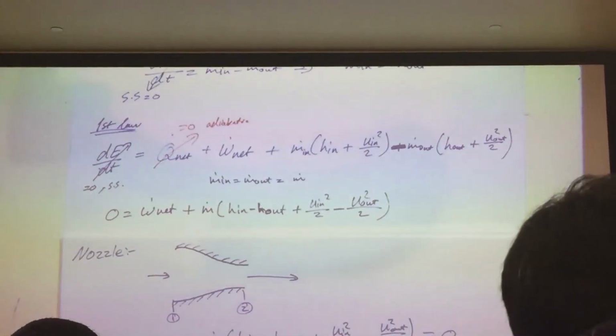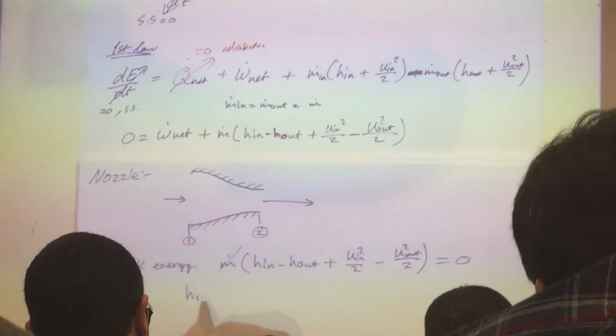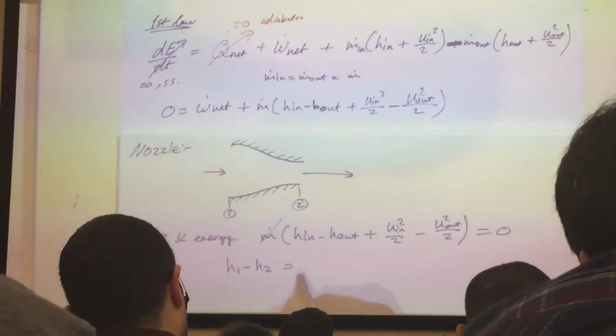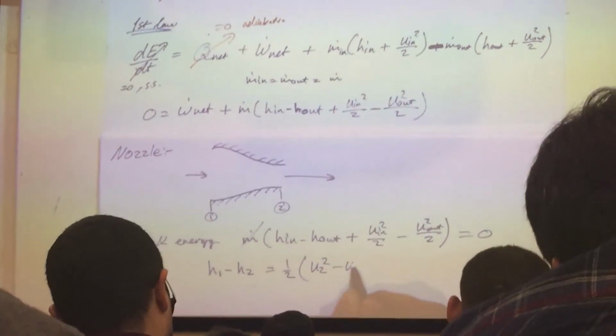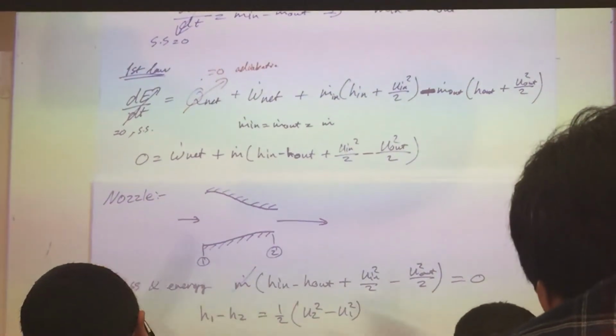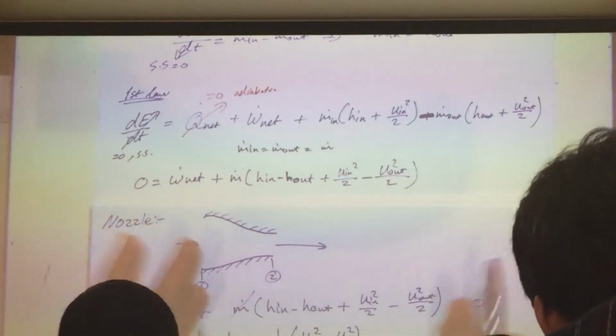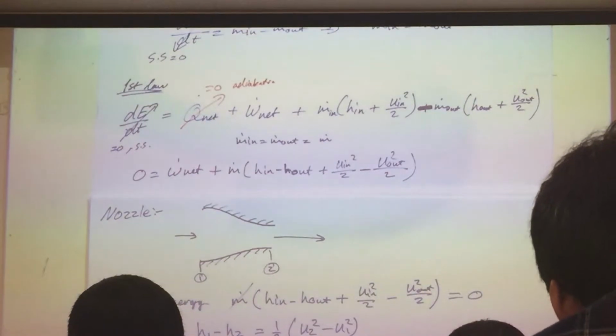So if I apply it to my problem, what am I going to get? I could just get rid of this and say h1 minus h2 is equal to half u2 squared minus u1 squared. So simply the enthalpy change across this nozzle is driven by the rate of change in kinetic energy.